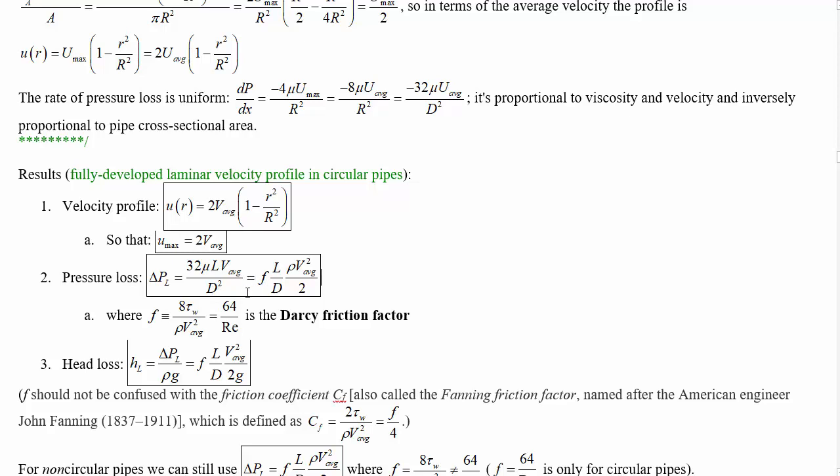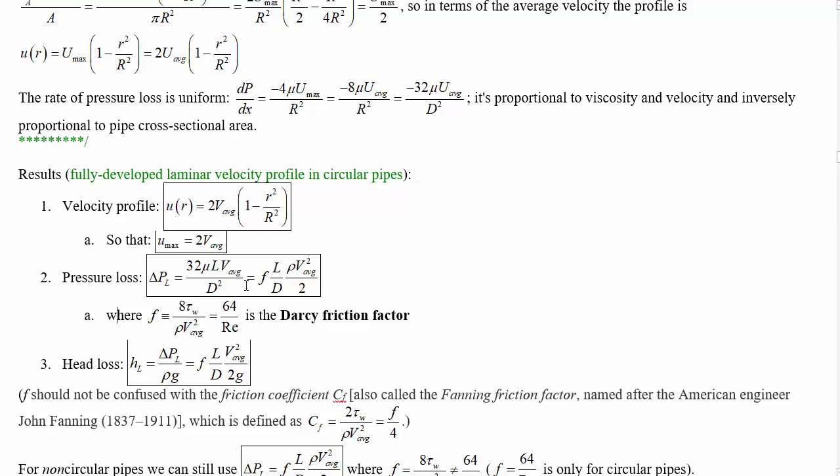Now this is defined as the friction factor times length of the pipe divided by diameter times rho V average squared over 2, the kinetic pressure that we were dealing with back in chapter 12.